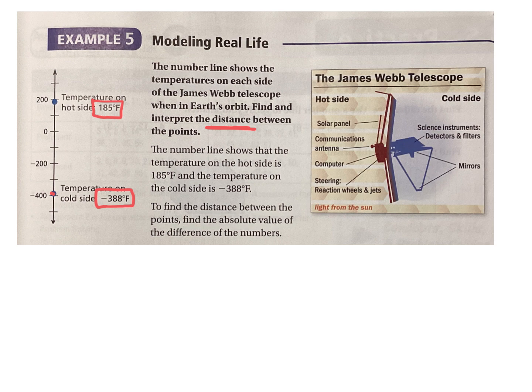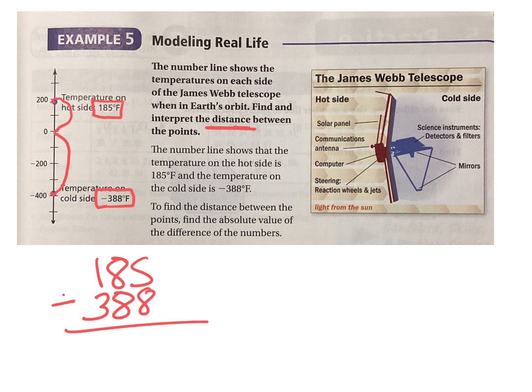So we got to take this one all the way to 0, which is a 185. And then I got to take this negative 388 all the way to 0, and that is a 388. And then I add those two values, and it will get me the total distance between the coldest temperature and the warmest temperature.